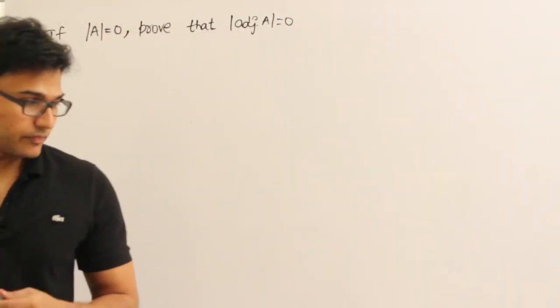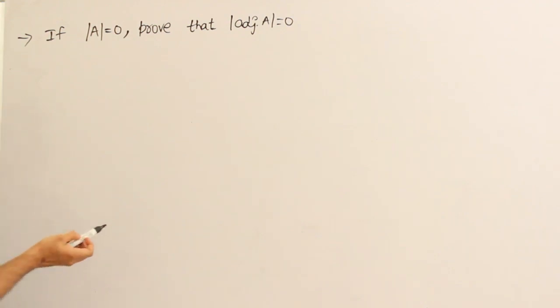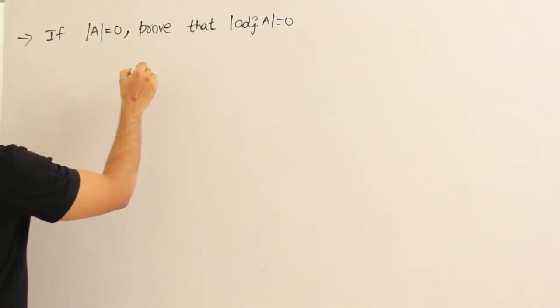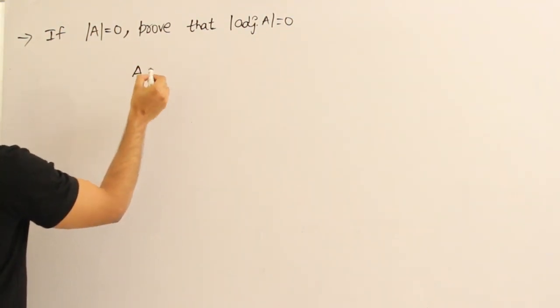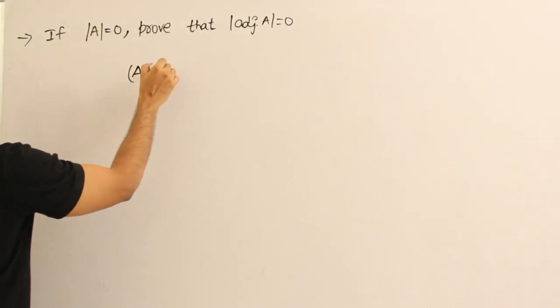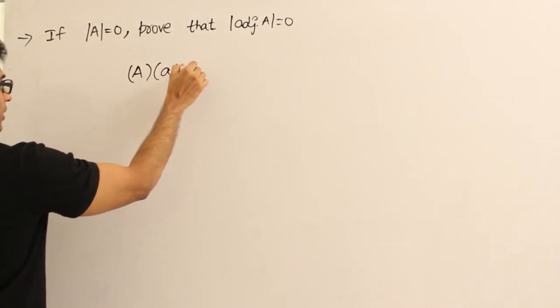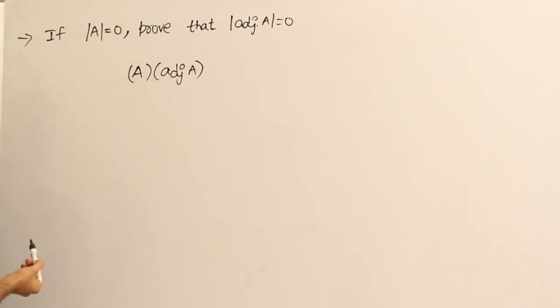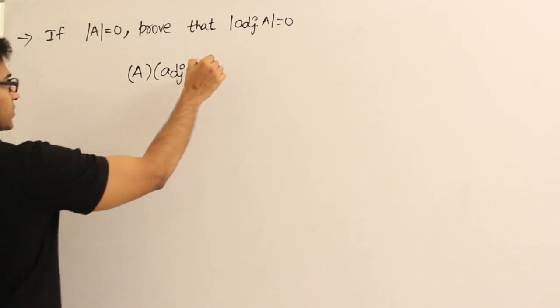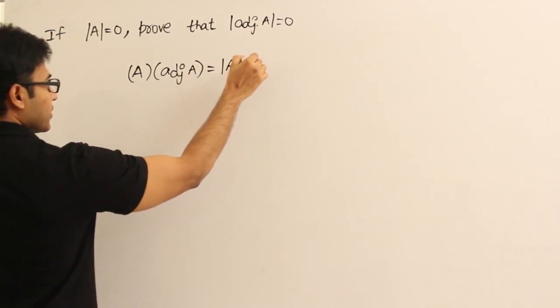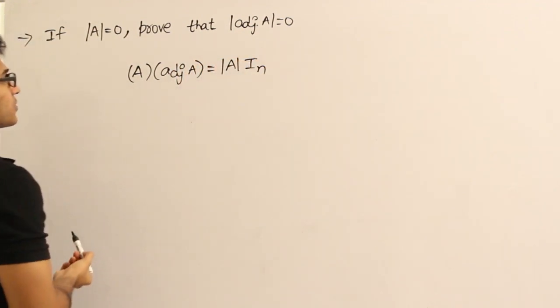So before that, I'll write whatever we know about A and det A. So we know that A into adjoint A, if these two are matrices and I multiply them, the result is going to be det A into In, identity matrix of size n.